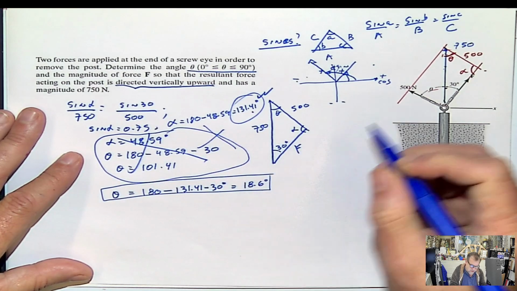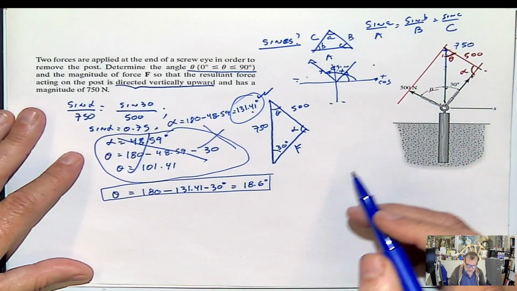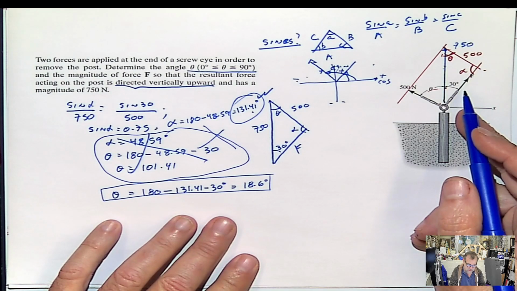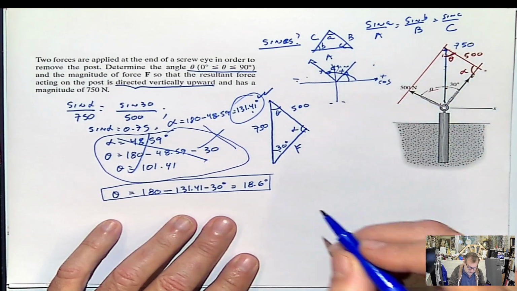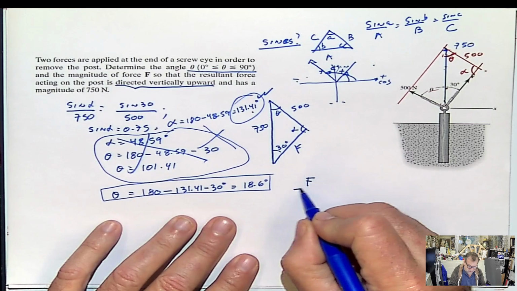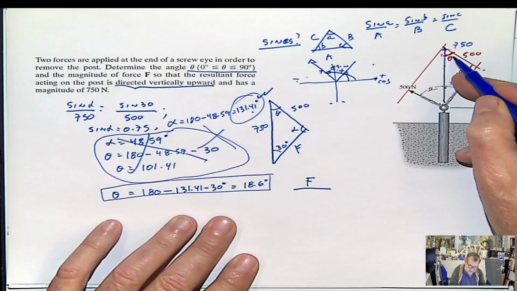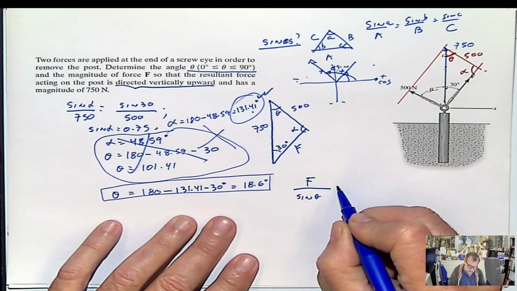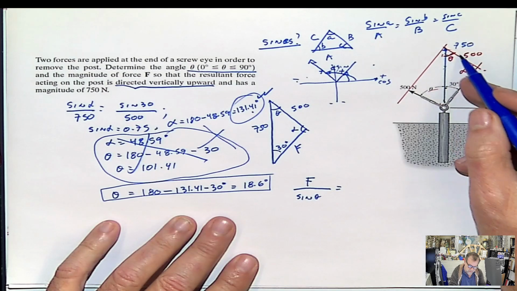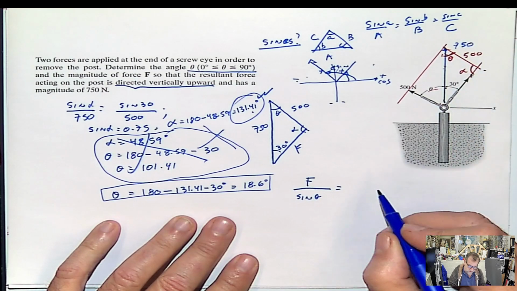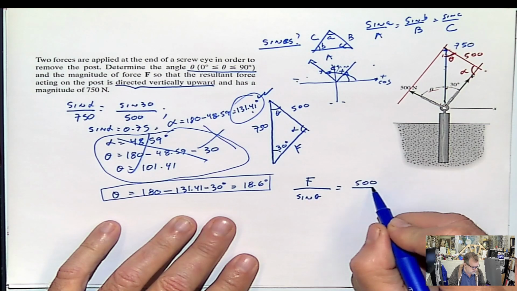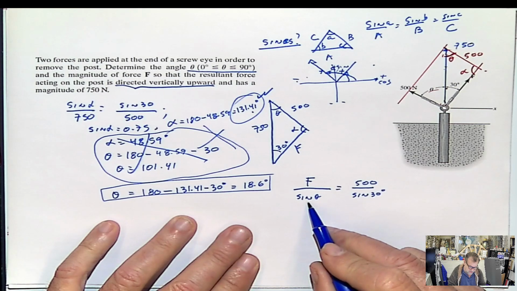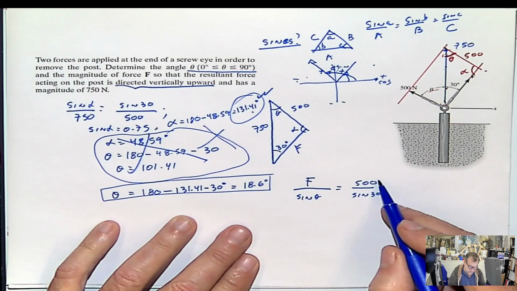That's the angle. Now I can calculate my other value for F. How do I calculate my value for F? I can say, for example, F divided by sine of that is going to be equal to 500 divided by sine of 30. And from here, I just can switch.